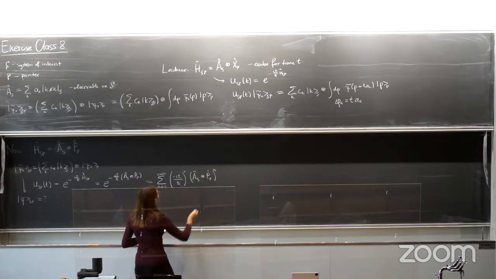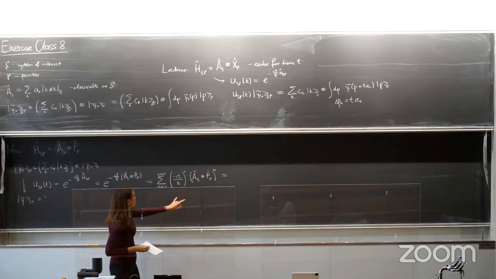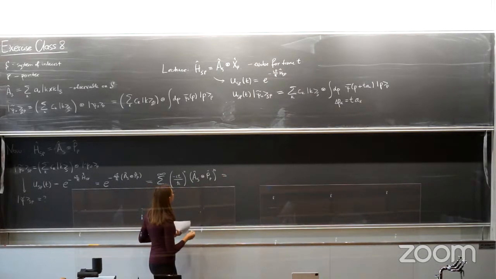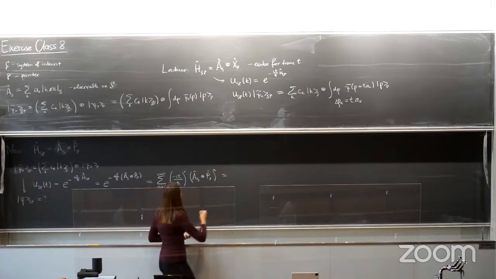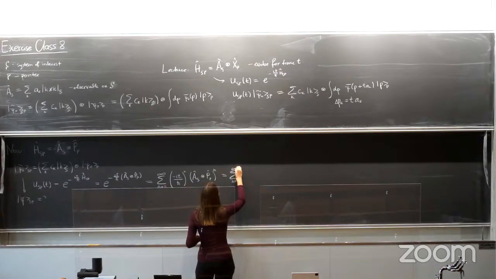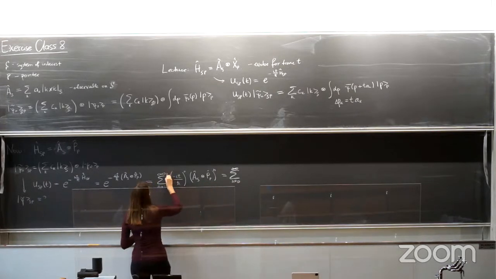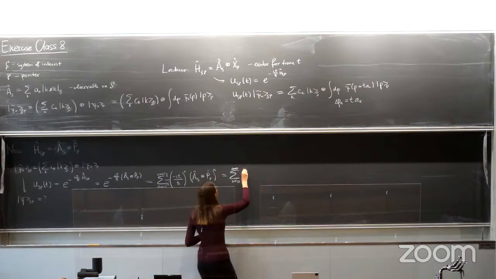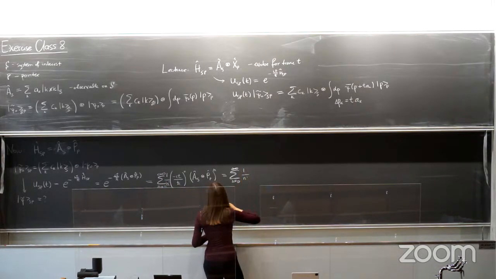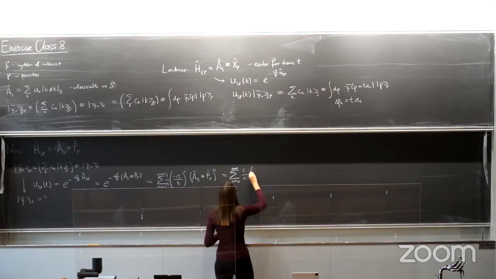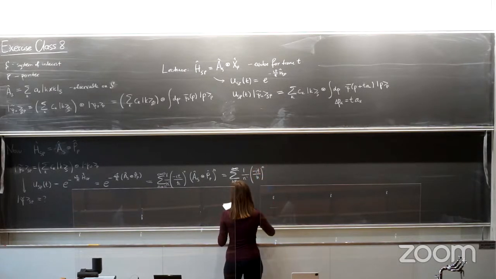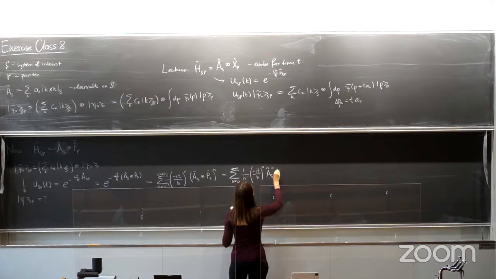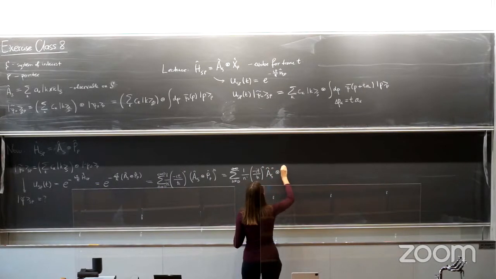Because this is a tensor product to the power n, we can just write it as the tensor product of the corresponding powers of these operators: A_S to the power n tensor product P to the power n. I of course forgot the 1 over n factorial.